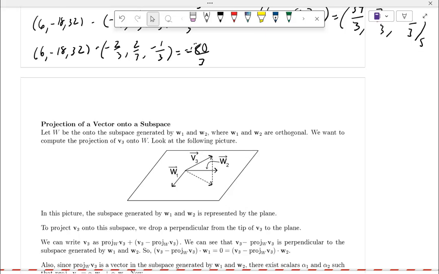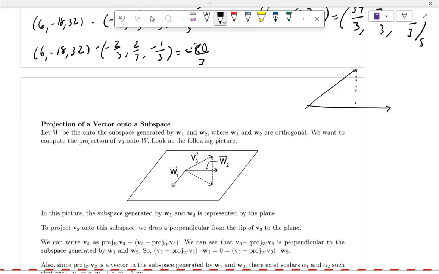This is sticking off of my subspace in some sense. And I want to talk about projecting V3 onto the subspace. Now, remember we talked about last time, we talked about projecting one vector onto another, right? If I had one vector and I wanted to project another vector onto it, we went down perpendicularly, right?